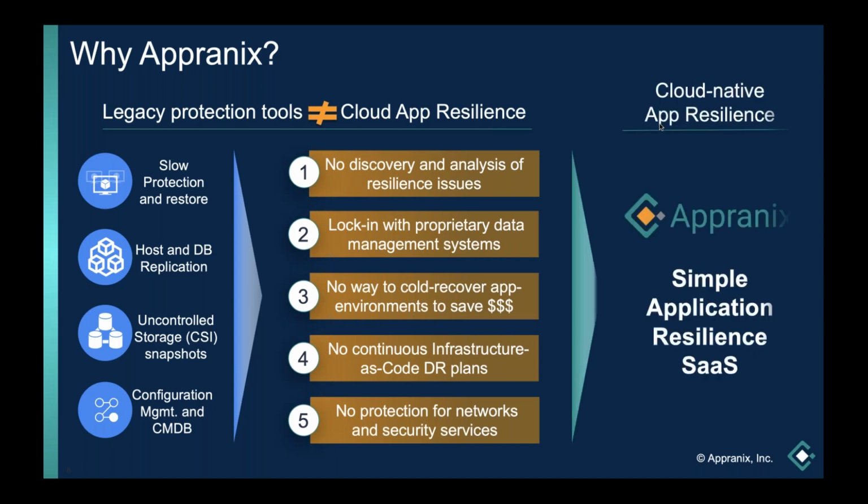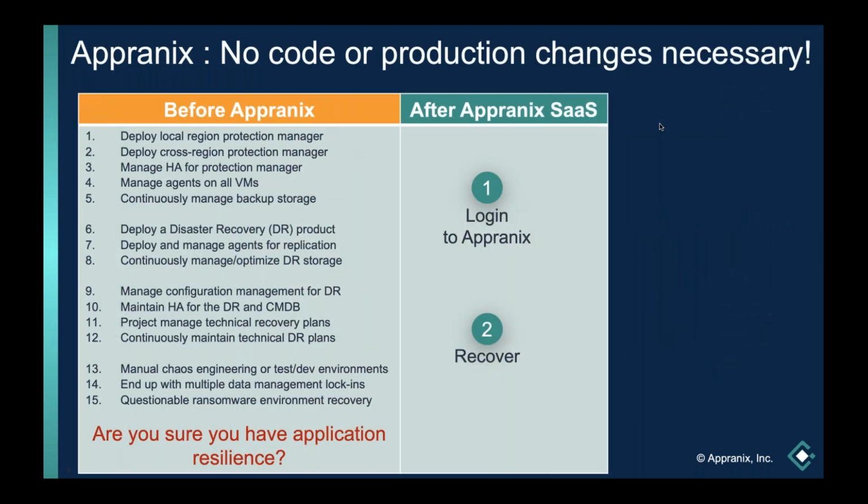And that's where we came up with a simple service that removes all those pains, right, and gives you application resilience. So in essence, if you think about before and after, if you were trying to implement some form of backup and recovery as a system, which means that you might be buying a product and you have to implement it and then make sure that it is highly available in a region.